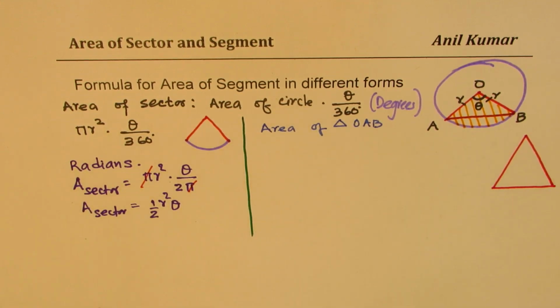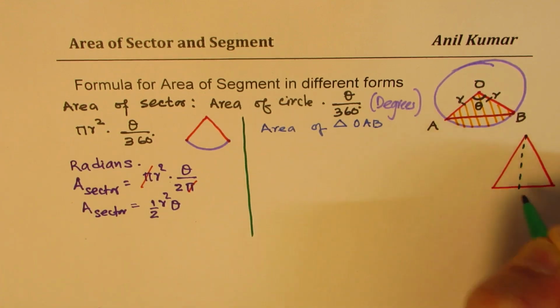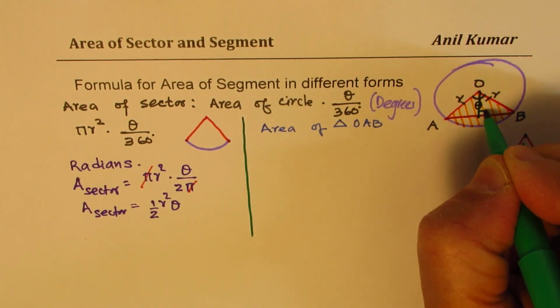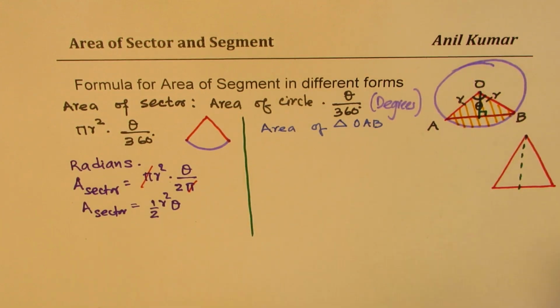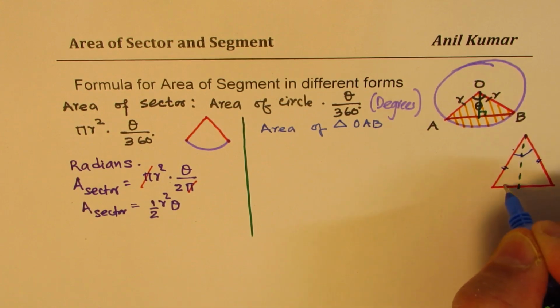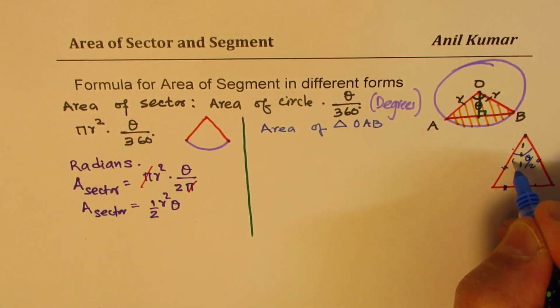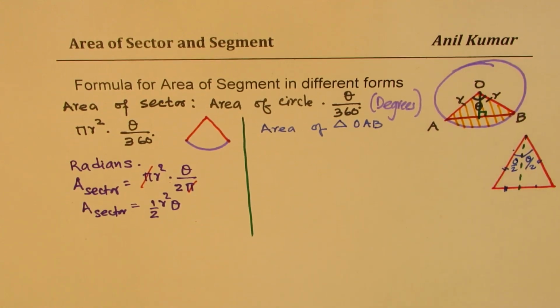Where we'll draw up a perpendicular from here. Let's say this is our perpendicular, right? In that case, you will notice that since this is an isosceles triangle, these two angles will be divided into theta by 2, right? So these two angles are theta by 2.